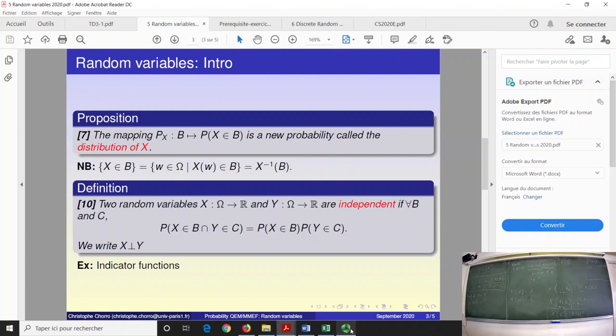Second point. The union. So, if I have a sequence of pairwise disjoint sets, the probability of the union is equal to the sum of the probabilities. Okay? What I have called the sigma additivity.